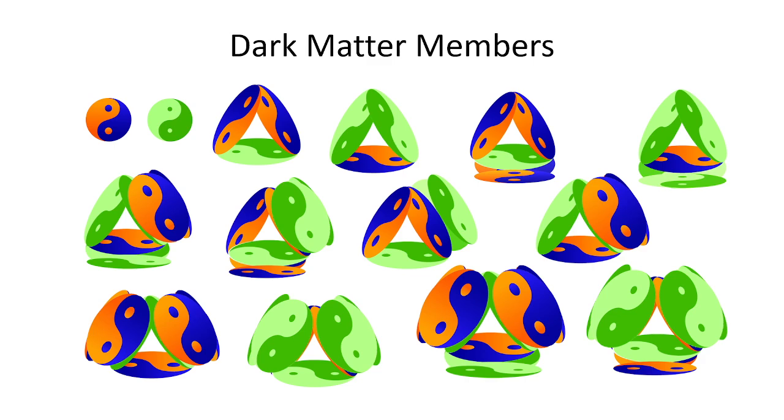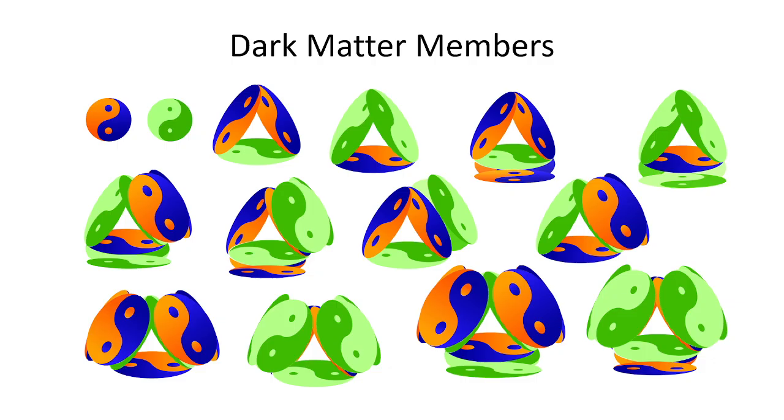Dark matter members. You have here a certain number of members of dark matter. You have charginates, neutrino, chrominate, double chrominate, triple chrominate and full chrominate.